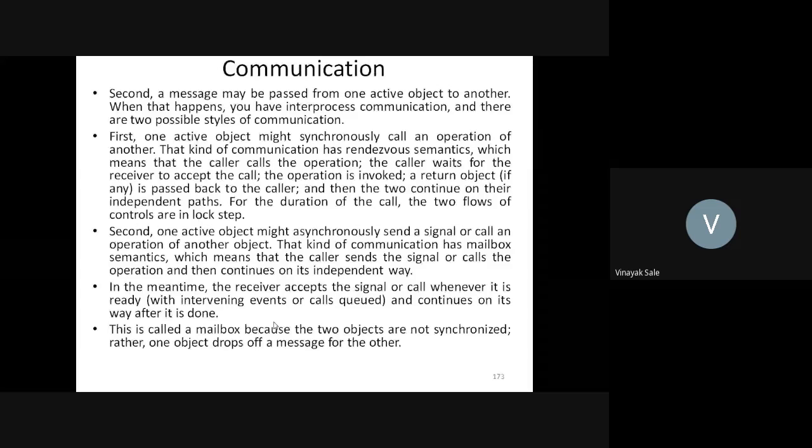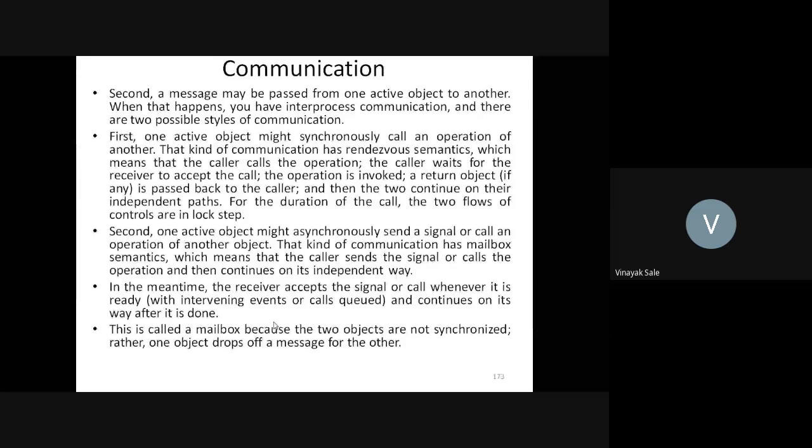In the meantime, the receiver accepts the signal or call whenever it is ready and continues on its way after it is done. This is called mailbox because the two objects are not synchronized; rather, one object drops off the message for the other.